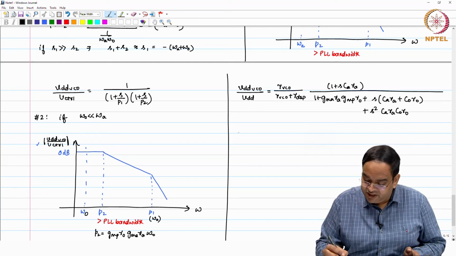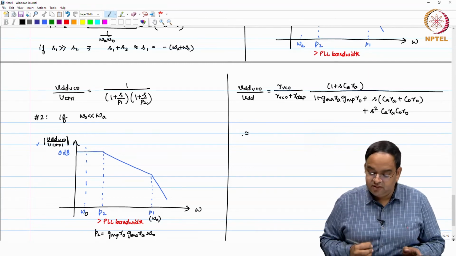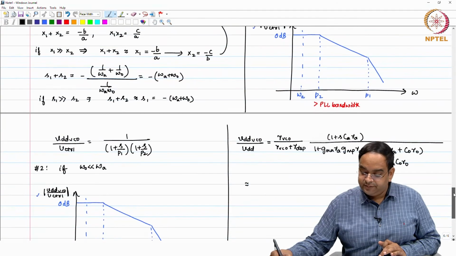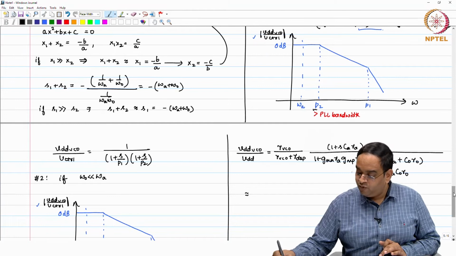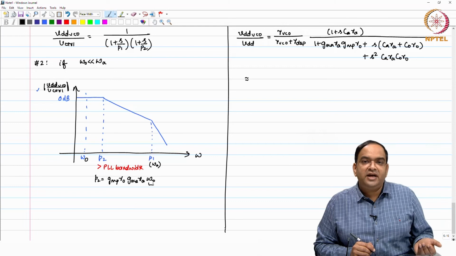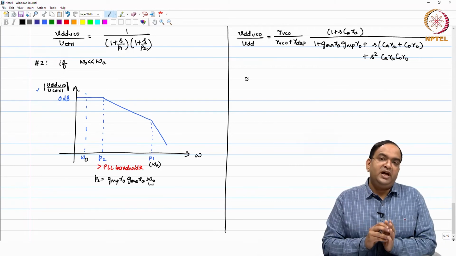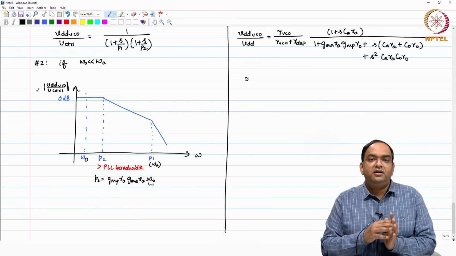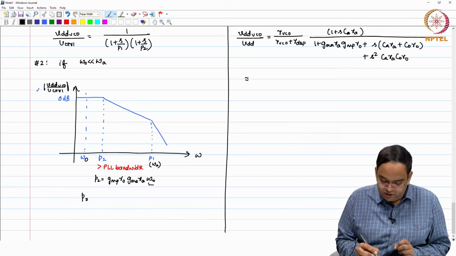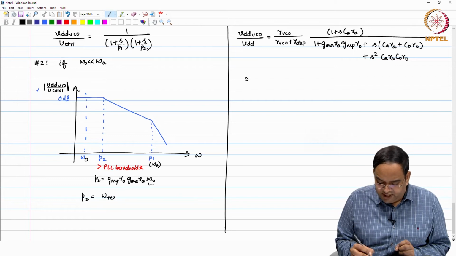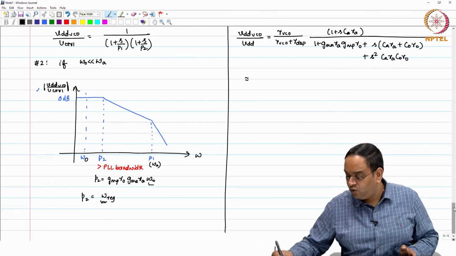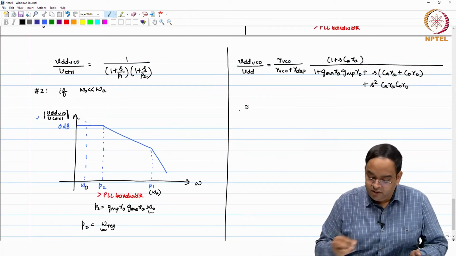Now, I can simplify this expression. In both the cases, this P2 pole, whether it is DC gain times omega A or DC gain times omega O, has to be greater than your PLL bandwidth, and in both cases I can call this pole omega regulator. Approximately it is either times omega A or times omega O, but this can be called omega regulator.